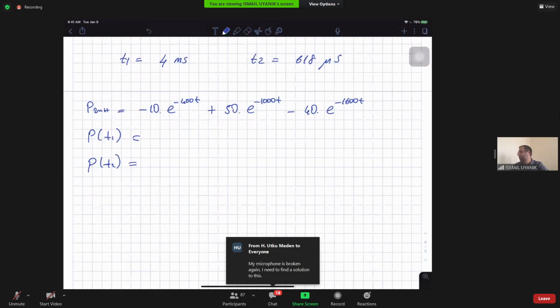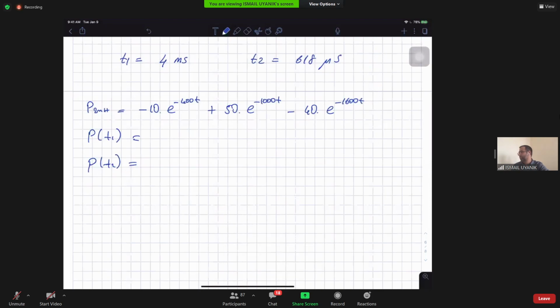Also, if any other person is calculating, please write the results to chat for P at T1 and P at T2 so that we compare them and decide which one is max. Anyone else?